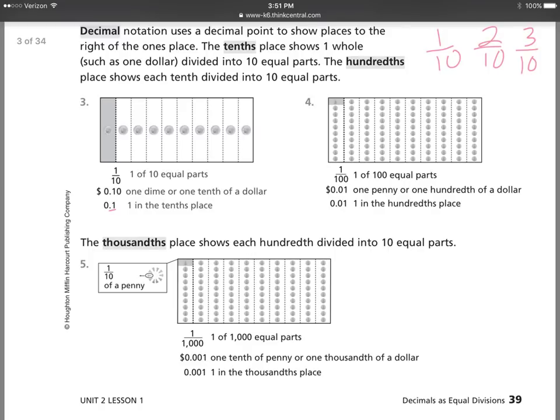It's like one of these dimes over here, but cut up into 10 extra equal pieces. So 10 cut into 10 pieces each time is going to equal up to 100. Now you have 100 pieces. So the hundredths place is really just showing a tenth divided into 10 equal parts. And a thousandth is basically following the same pattern. Now it's going to take 100 and divide that into 10 equal parts as well.